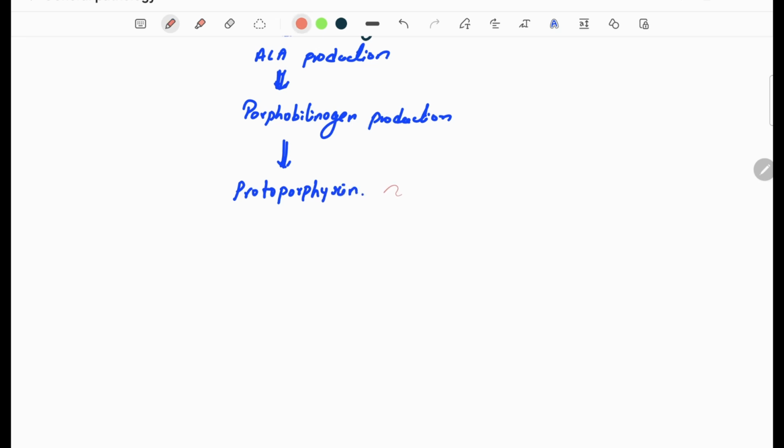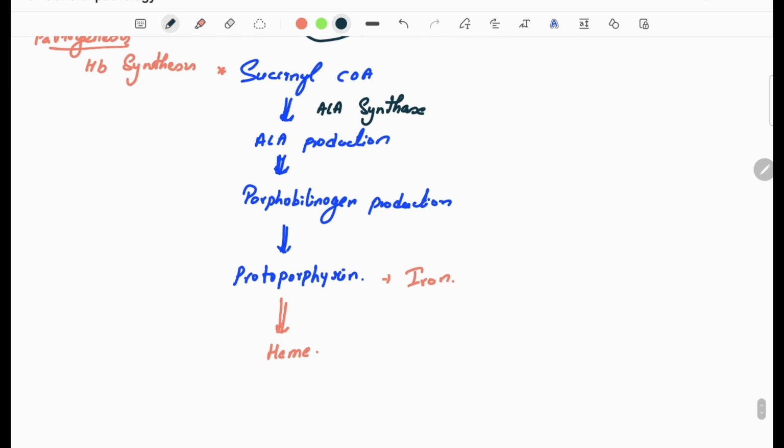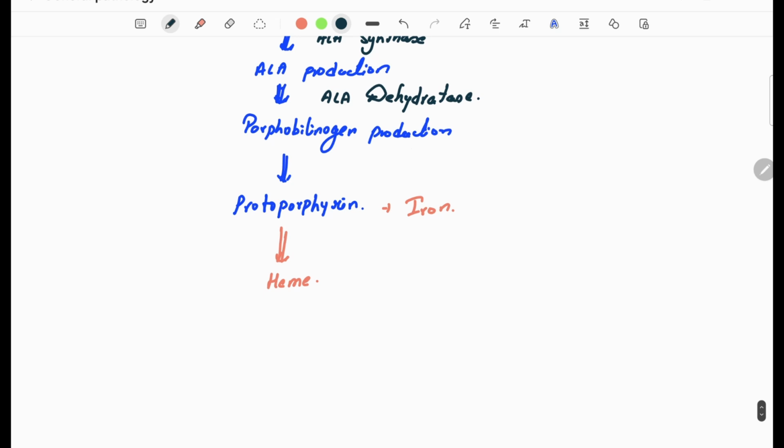Okay, with this iron will join to produce heme. So the enzymes are, first one is ALA synthase, and ALA is converted into porphobilinogen with the help of ALA dehydratase. And from porphobilinogen it is converted into protoporphyrin.